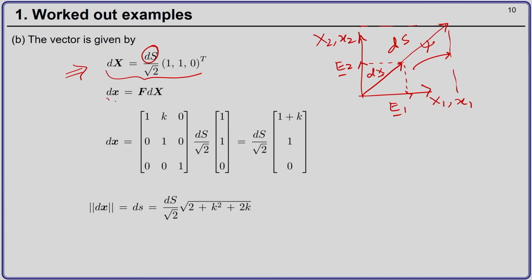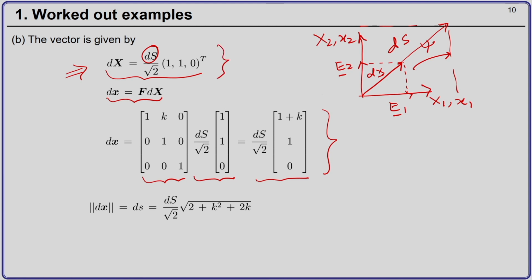What happens to this particular vector? I just have to multiply by F to get its current position, small dx. So F times dX gives you dS by root 2 times (1 plus k, 1, 0). This is the spatial vector corresponding to this material vector.